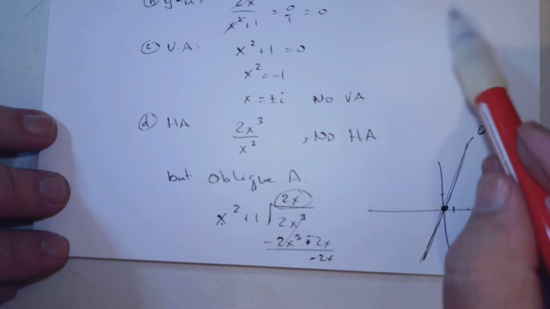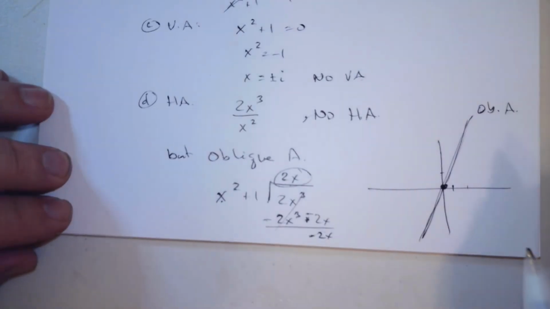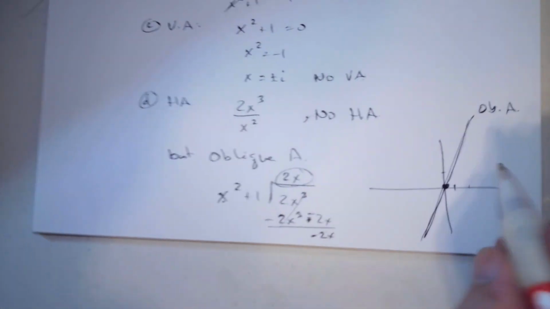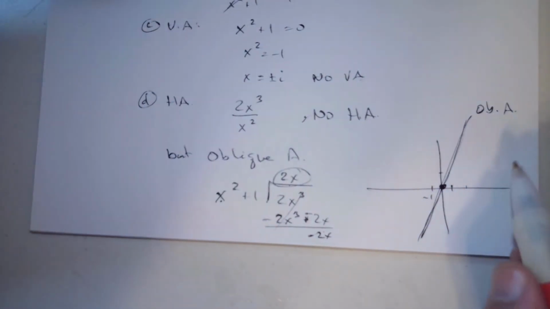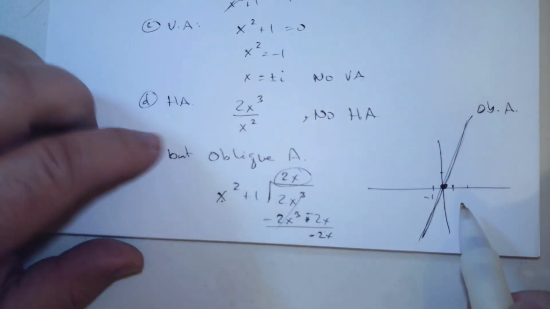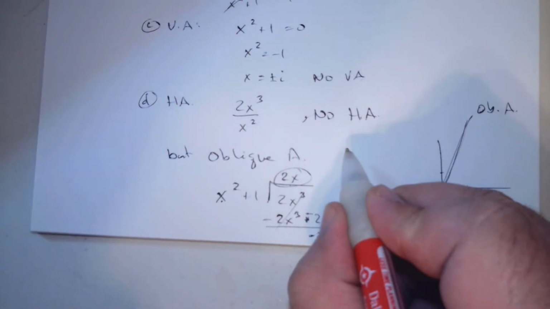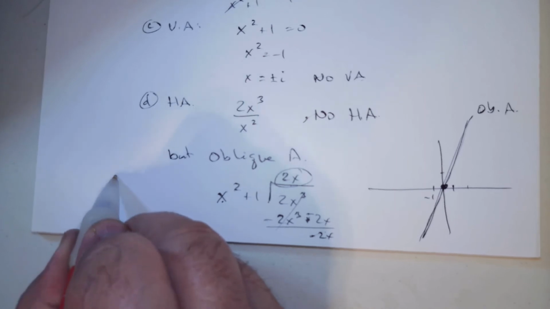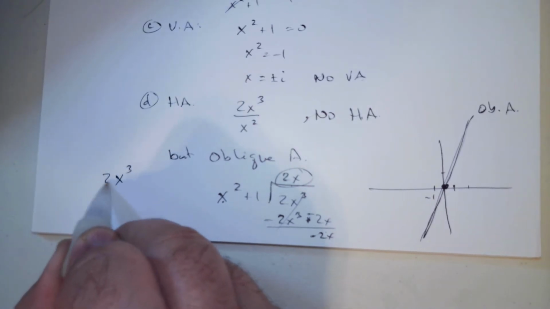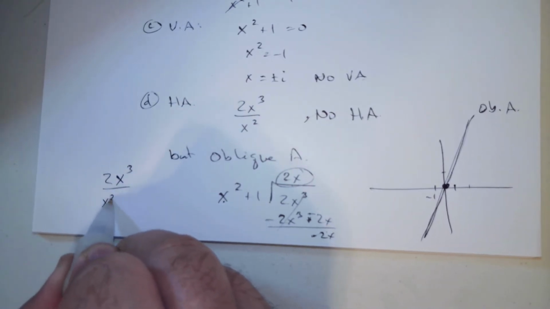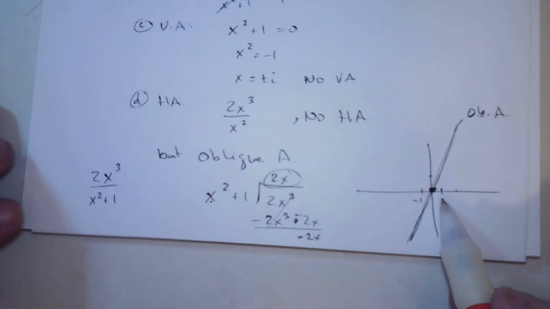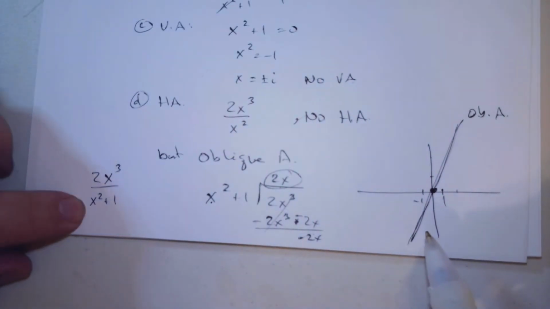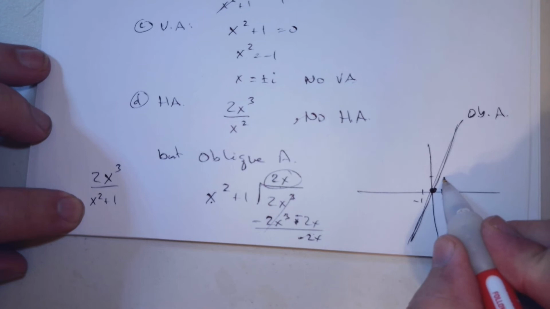The graph crosses at (0, 0). Plug in some points. When x is 1, it's 2 over 2, which is 1.